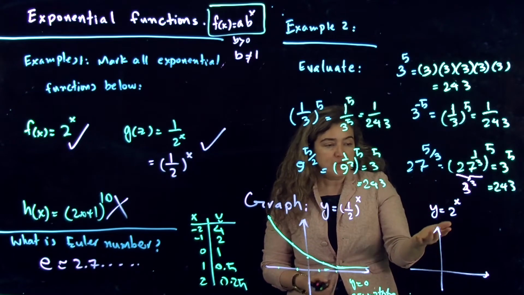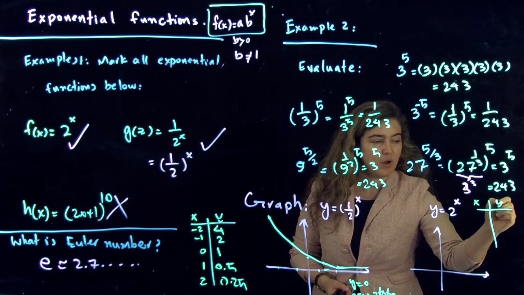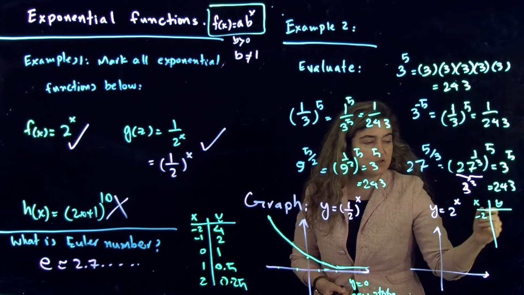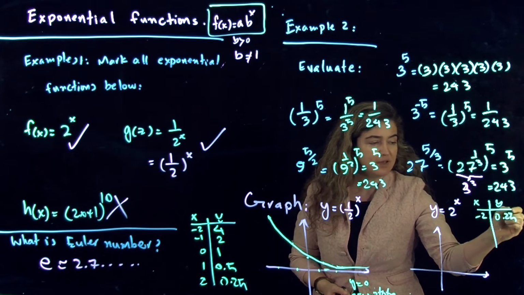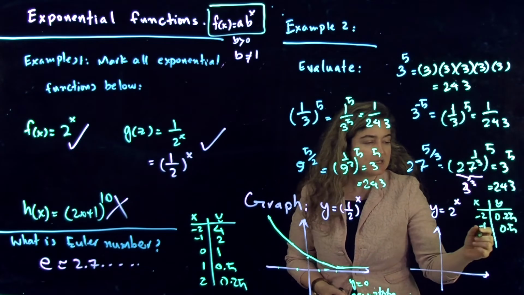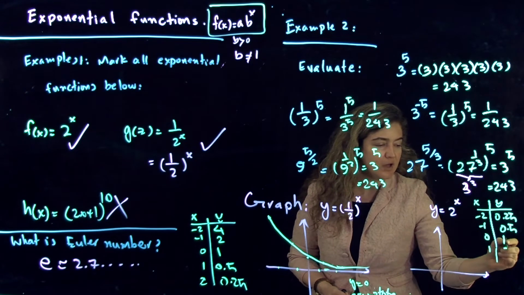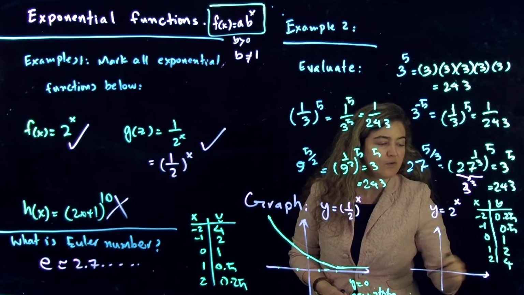Now let's do the same thing for y equals 2 to the power x. So x and y: I can plug in negative 2 and I get 0.25. I can plug in negative 1 and I get 0.5. I can plug in 0 and I get 1. At 1 I get 2. At 2 I get 4.